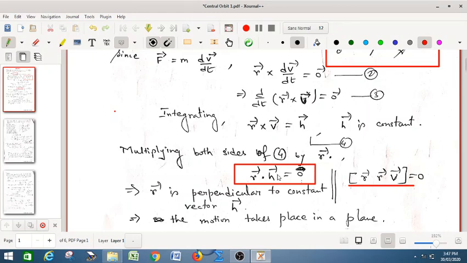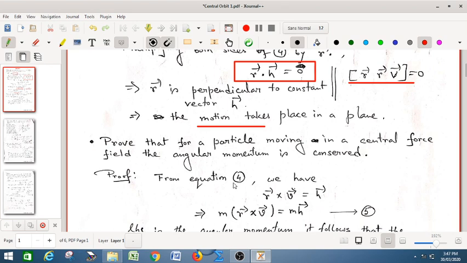So this is nothing but the equation of a plane, r dot h is equal to 0. So r is perpendicular to the constant vector h. That is proved very easily. So we can conclude that the motion takes place in a plane, and in this case we always take the xy plane for consideration.